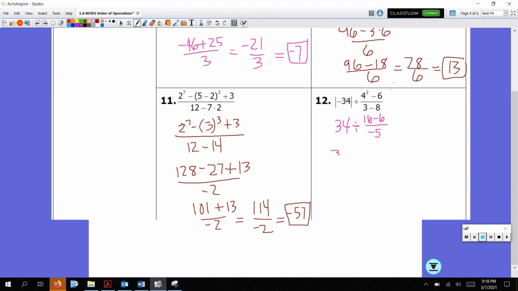So we're going to keep this 34 divided by 16 minus 6 is 10 over negative 5. Keep going. 34 divided by 10 divided by negative 5 is negative 2. Now I can do that. 34 divided by negative 2 is negative 17.